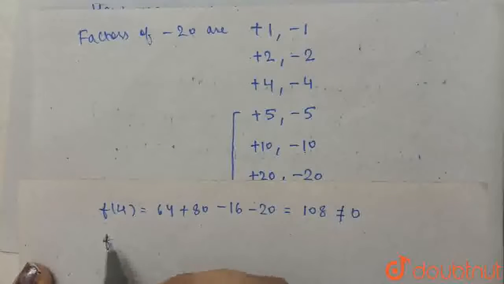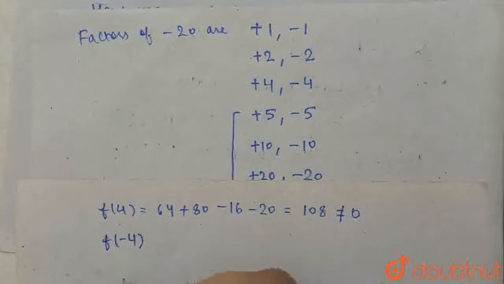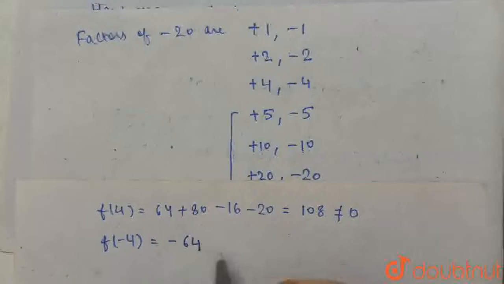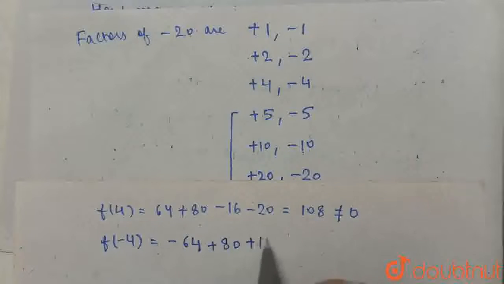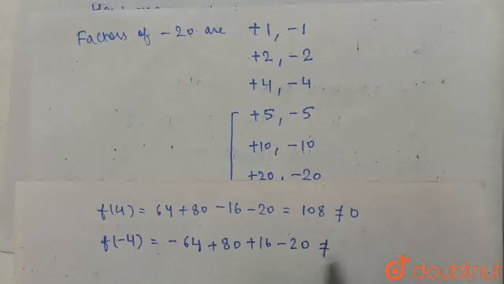And if we put x is equal to minus 4, that is, if we calculate the value of f of minus 4, then this becomes minus 64 plus 80 plus 16 minus 20. This is also not equal to 0. So x is equal to minus 4 is also not the zero or the root of the given function.